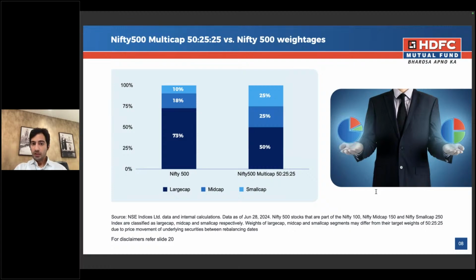So here it's a good time to just pause and understand what we are saying. In the Nifty 500 multi-cap 50 25 25 index, you are getting exposure to all the 500 stocks of Nifty 500.